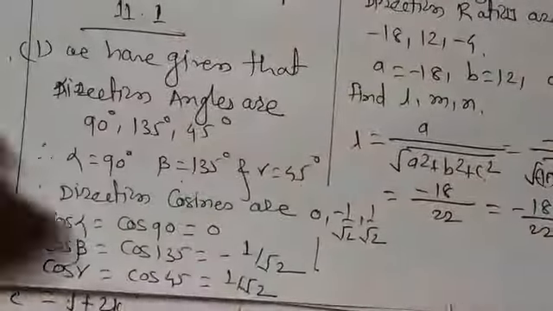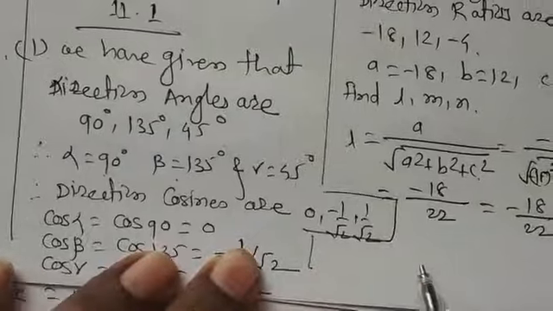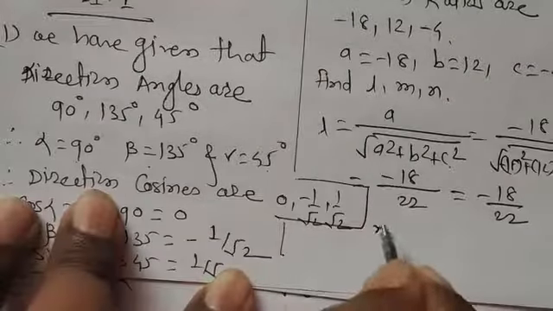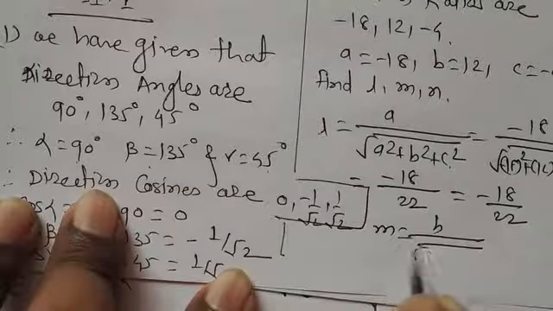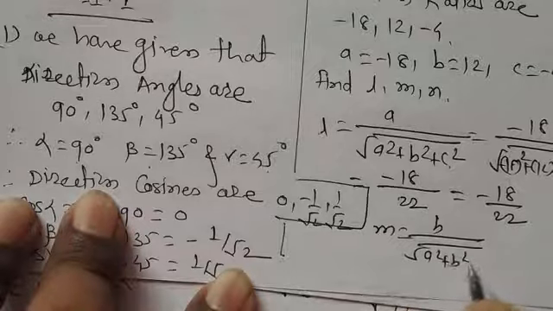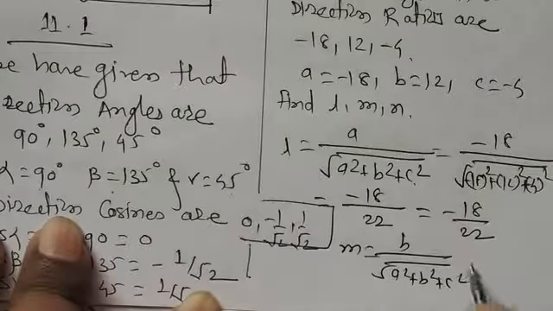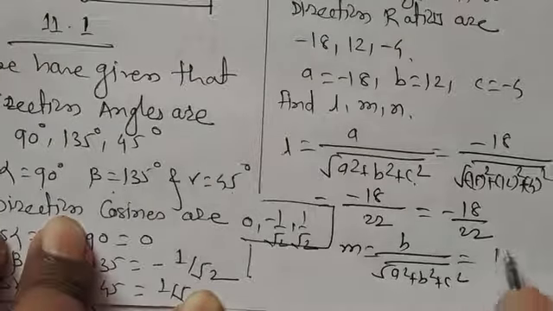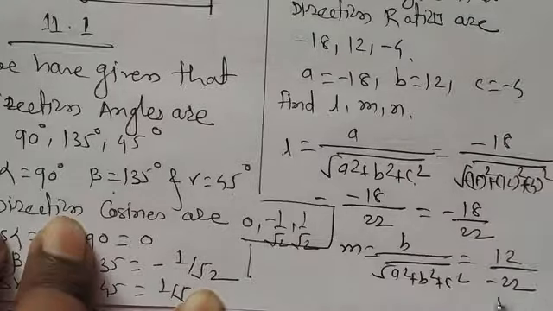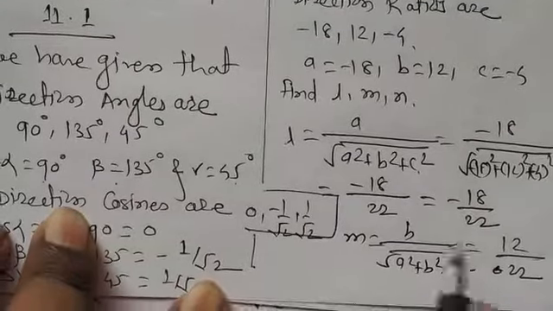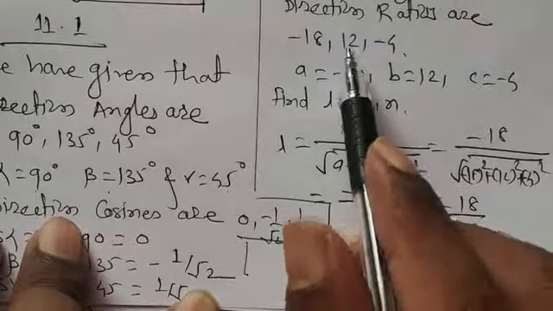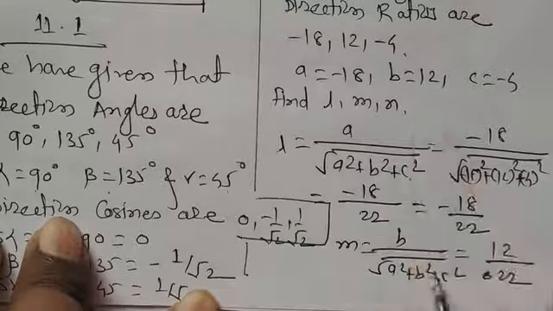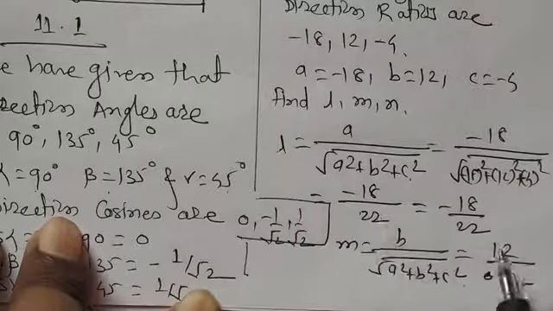Next is M. M is equals to B upon under root of A square plus B square plus C square, the same formula. B is equals to 12, so 12 by 22, using the same denominator you have already found, 22.